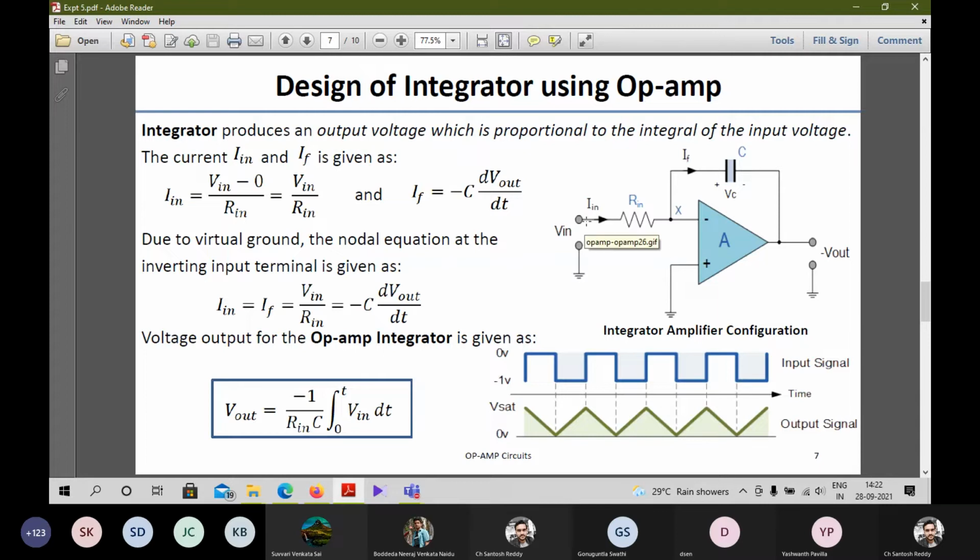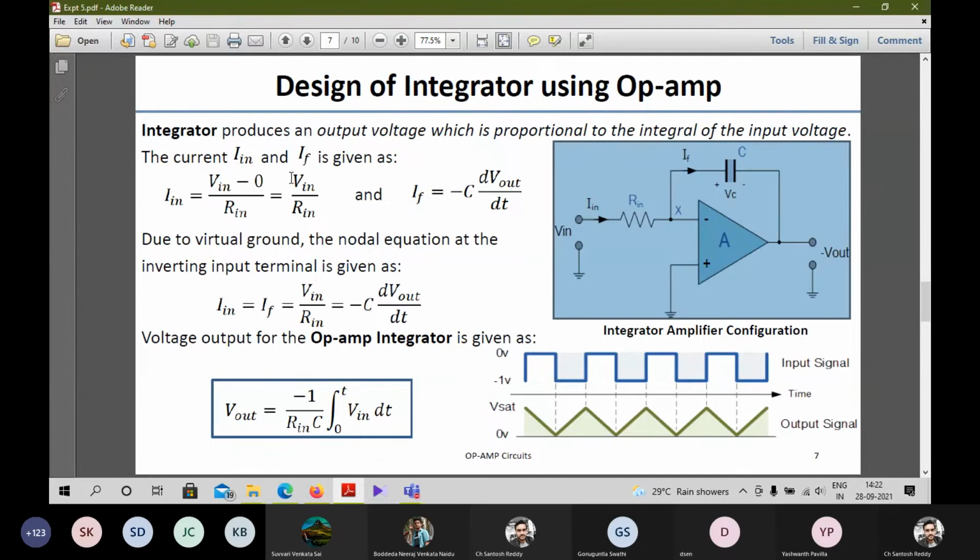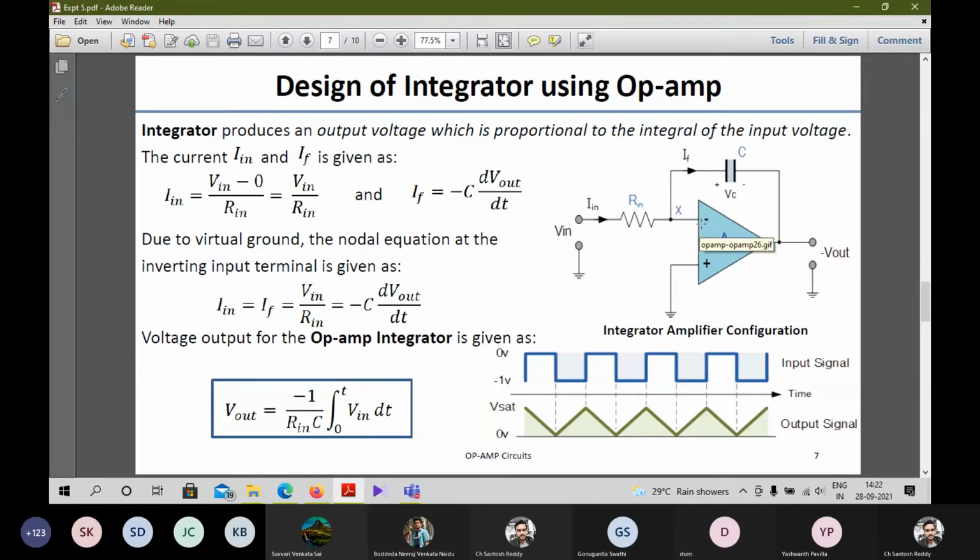So we are focusing on the currents IN and IF, the input current and the feedback current. Here the input current IN is equal to Vin by Rin, and the current IF through the capacitor is minus C dVout by dt. As no current flows through the op-amp due to the virtual ground concept, IN becomes IF.